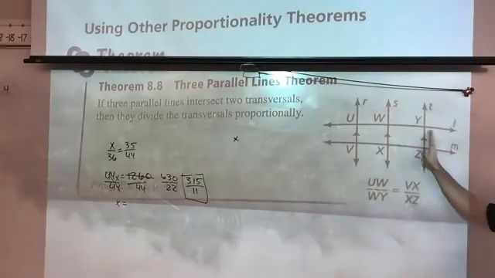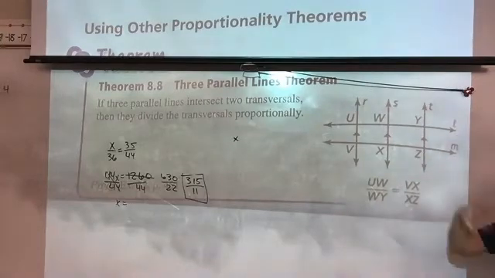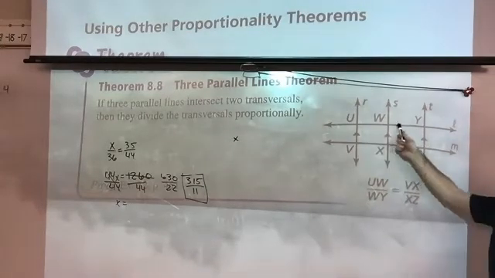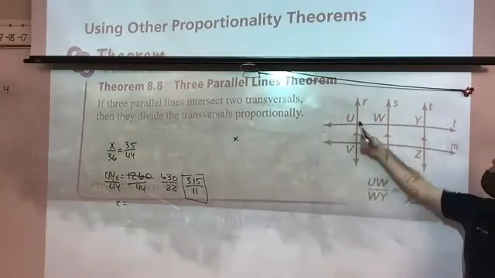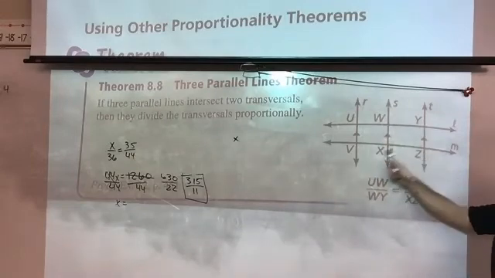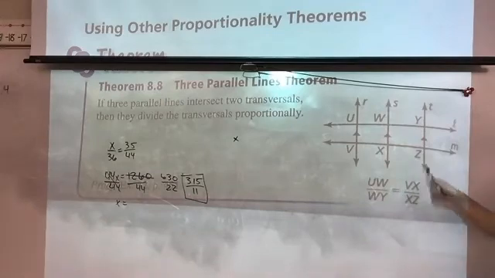So you have 3 parallel lines instead of 2 parallel lines and a point, but the idea is still there. You're setting up the proportion using those segments between the parallel lines. So you see here, UW, WY over VX is equal to VX over XC. Okay, so it's the same exact idea, setting up those proportions.